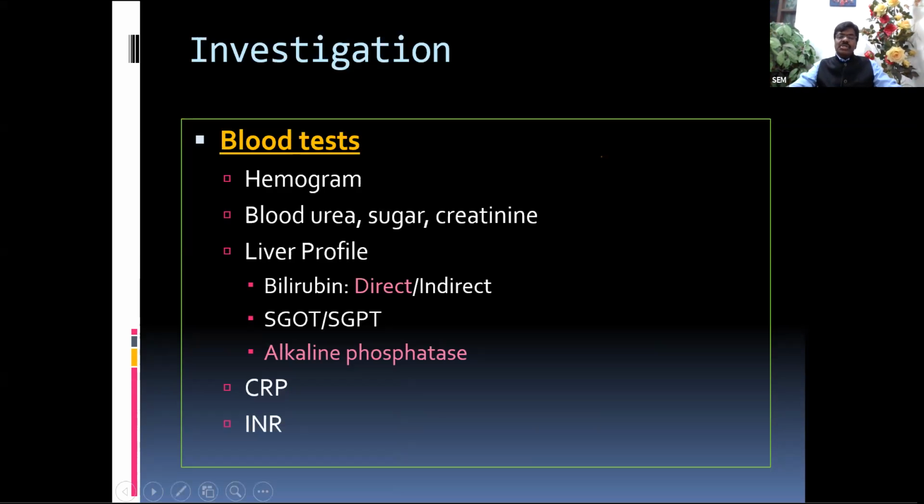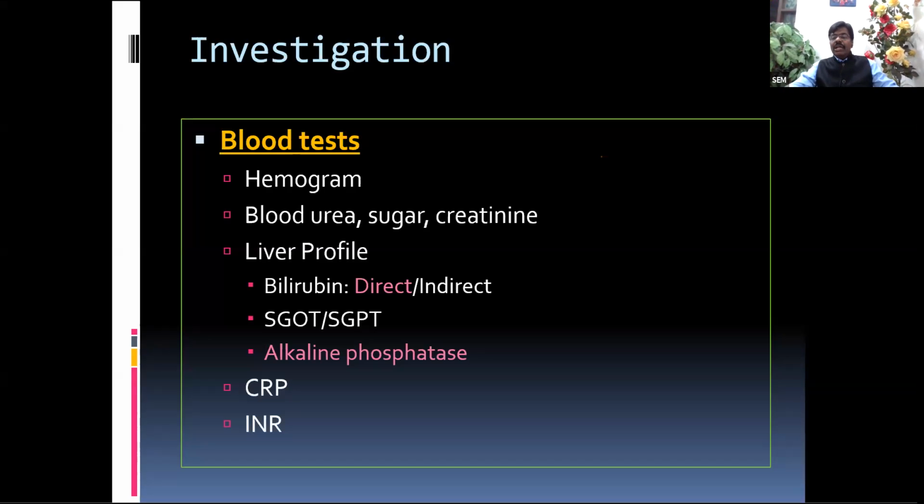What investigations do you do? Simple to more advanced investigation. Hematological and biochemical blood tests I'll do, sir. For example, you'll do hemoglobin, white cell count, platelet. Any abnormality you see: if a patient has acute inflammation of the gallbladder, acute cholecystitis, what is the sign of inflammation?